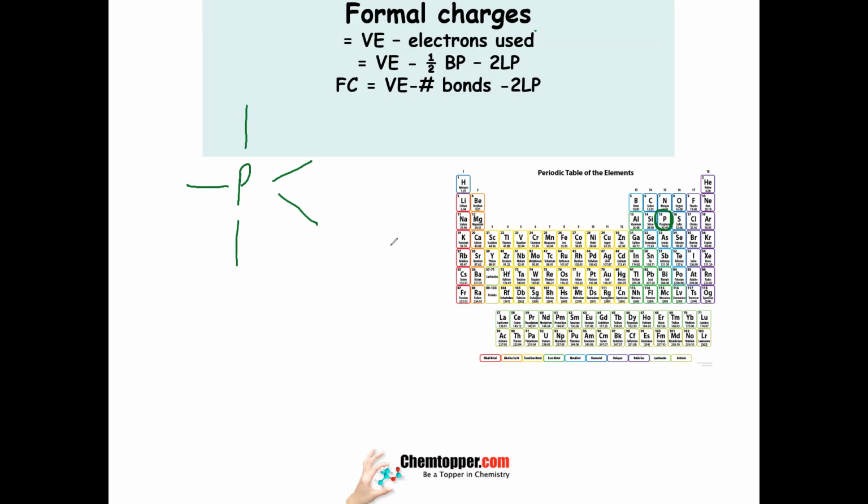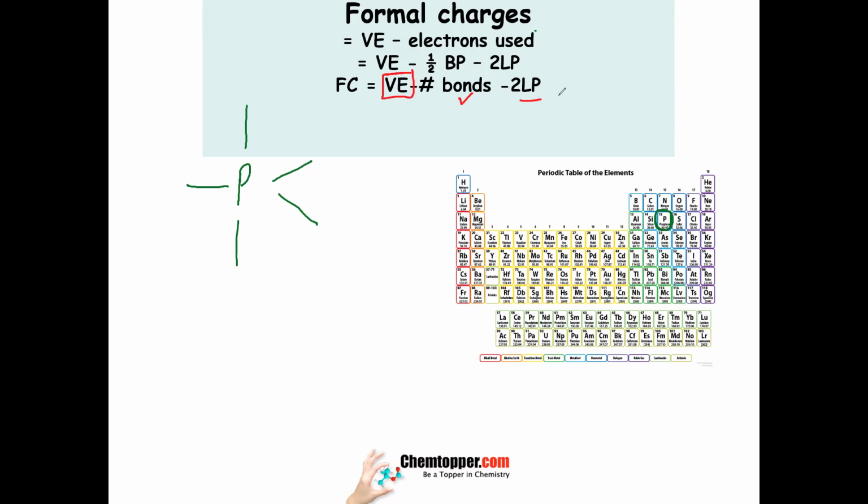In the Lewis dot structures, every element is using its valence electrons. Only valence electrons are participating, the ones which are in the outer shell. They are participating in bonding as bond pairs and they are participating as lone pairs.